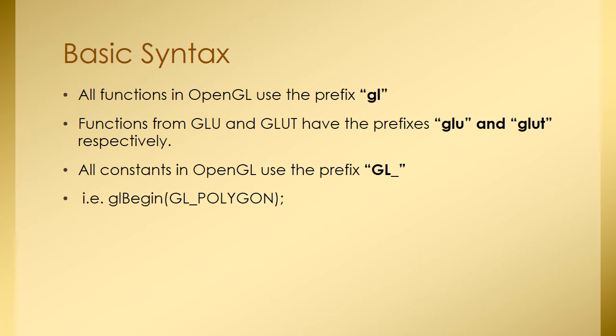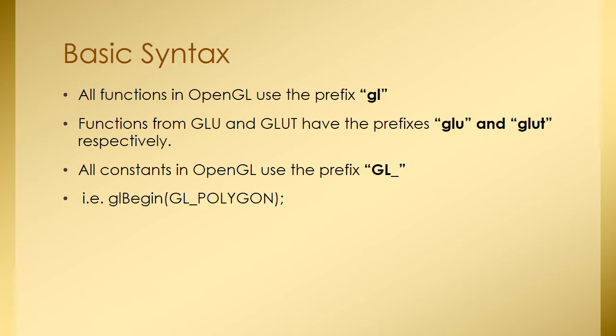So the basic syntax is that all functions use a prefix, a small case gl, and functions from GLU or GLUT, that is the utility toolkit, use a glu and glut prefix respectively, and the constants used in OpenGL will have a prefix with capital GL.